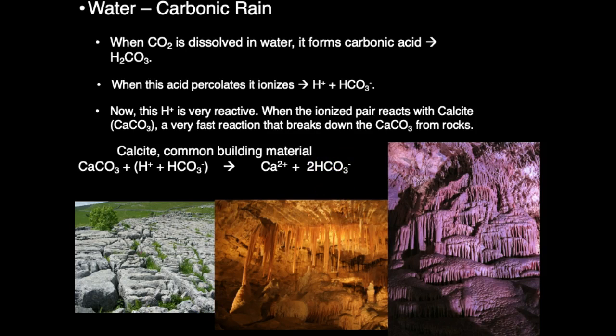During this process, the calcium carbonate or calcite is transformed into soluble products and carried out by the water. This happens very often, especially in caverns, as you're seeing in the picture. Here, the groundwater is the carrier of the carbonic acid ions and also the carrier of the products from that reaction. So it carries them in, it reacts with the rock, and then it carries everything out.